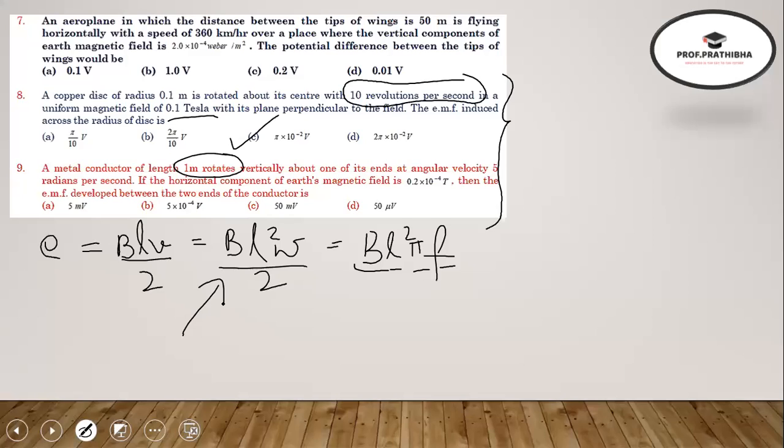Yes, Nandini Chaurasia, correct. Yes, Neeraj, correct. Satish Shinde, correct. The answer should be 50 microvolt. 50 into 10 raised to minus 6 is what you should get.